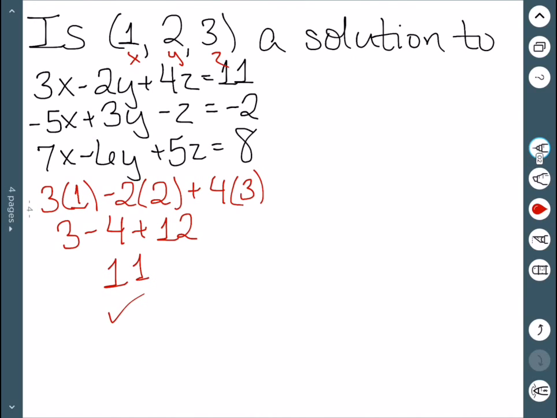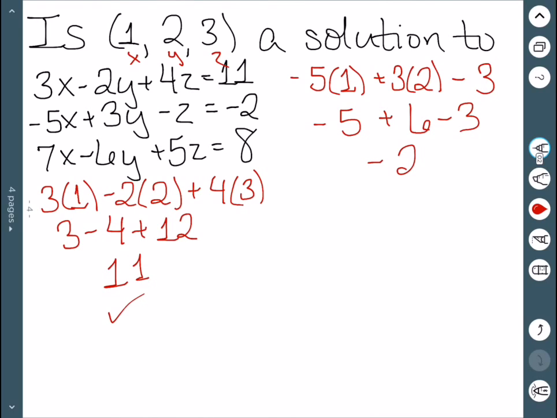Our second equation, -5 times x, which is 1, plus 3 times y, which is 2, minus z, which is 3. So we have -5 plus 6 minus 3, which is equal to -2. So that also works.